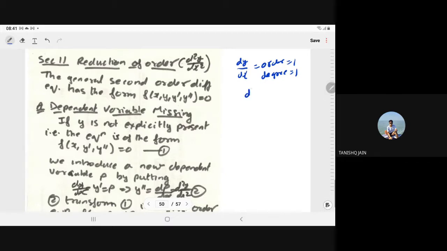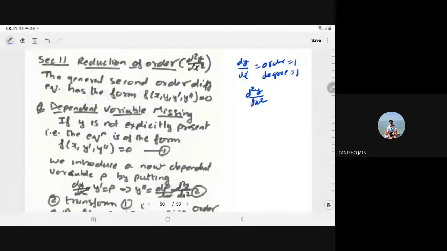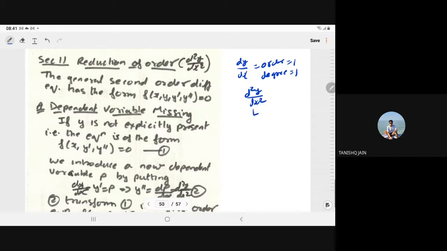That means now we will go with equations where we have d2y upon dx2. So now we are going to the solution of the second order differential equation. If any differential equation contains this term, that equation is known as a second order differential equation.